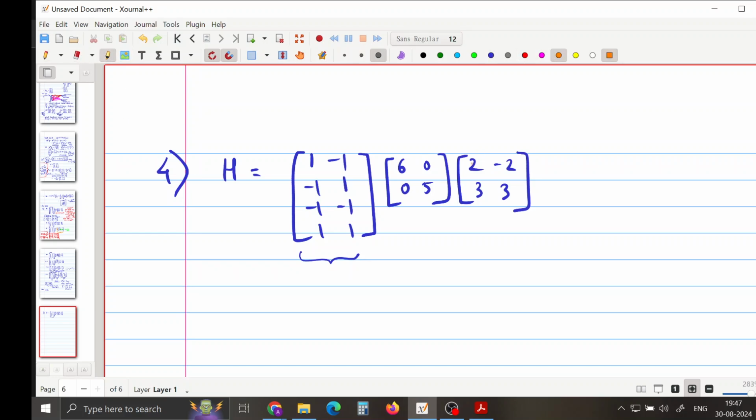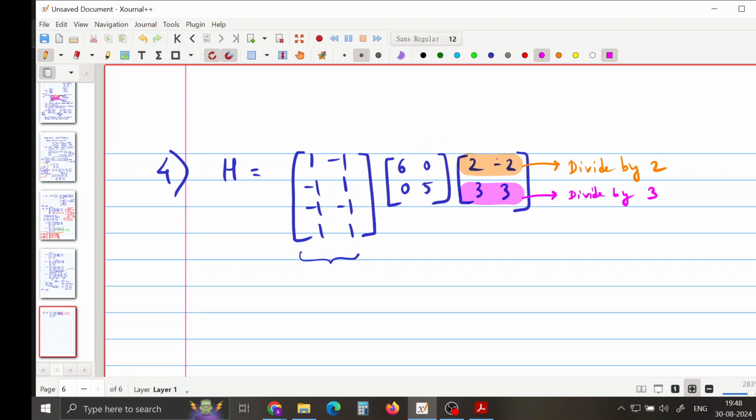So what I will do is divide by 2. Let me use some other color. Divide by 2. Divide by 3, and for that I also have to make adjustments in the preceding matrix.